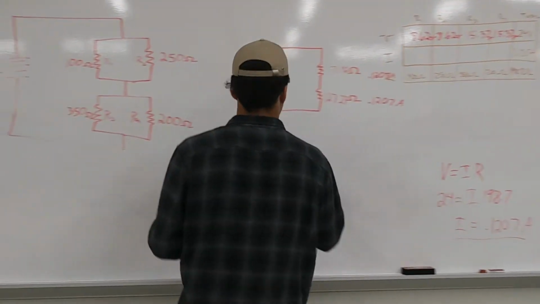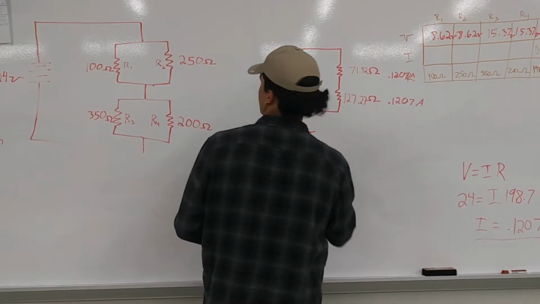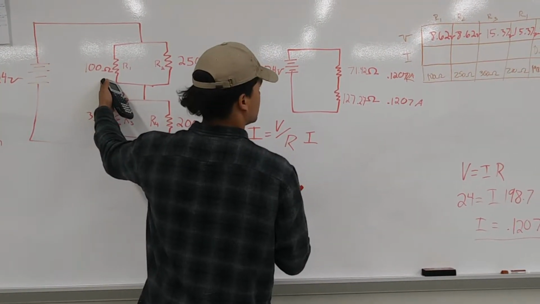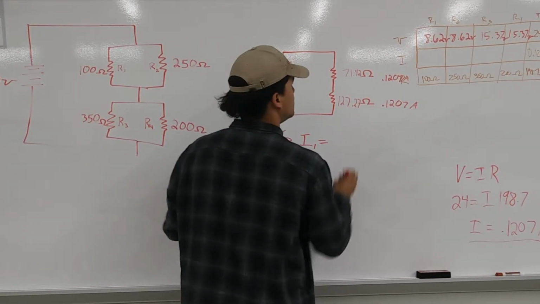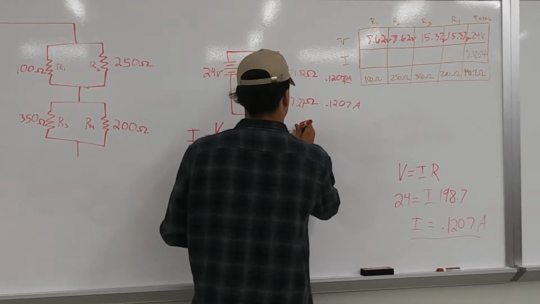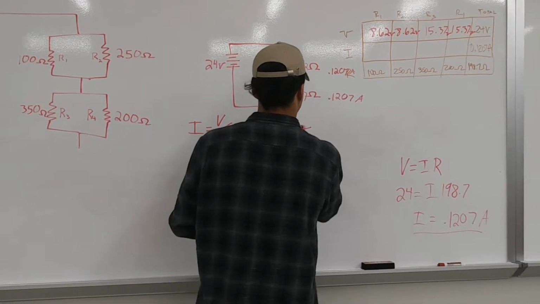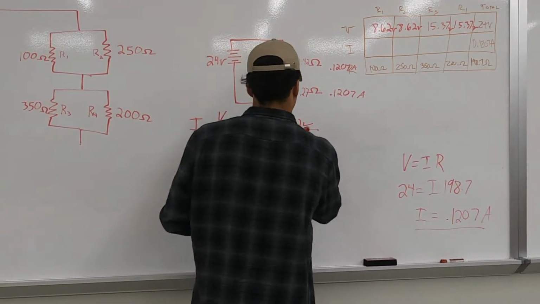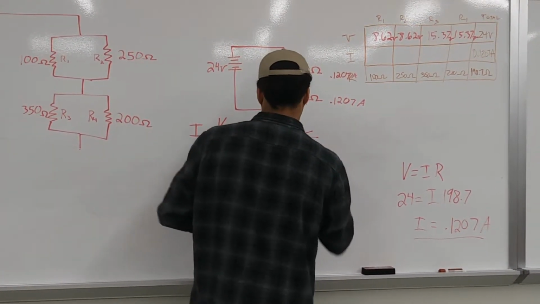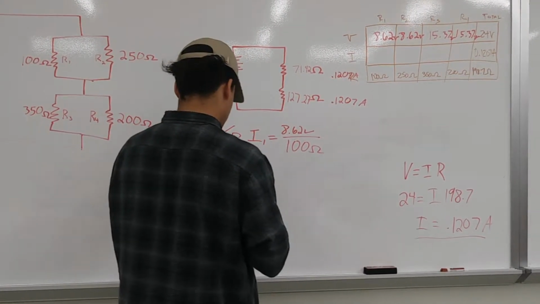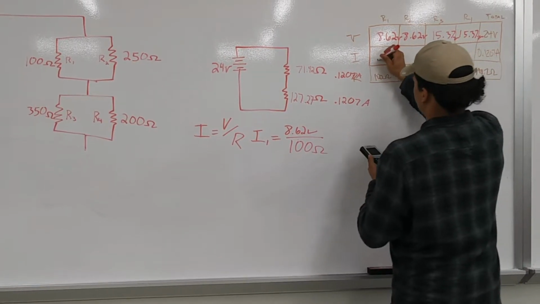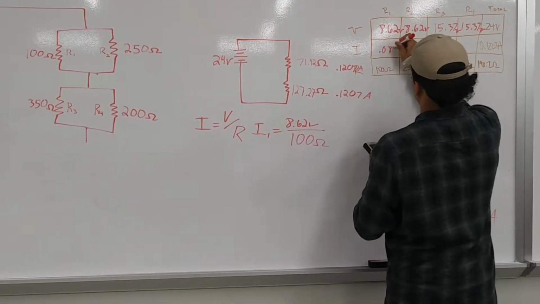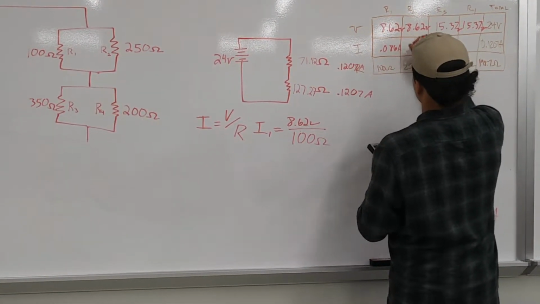So we have I1, we'll use the 100 first, equals 8.62 volts divided by 100 ohms. And that's going to get us 0.086 amps.